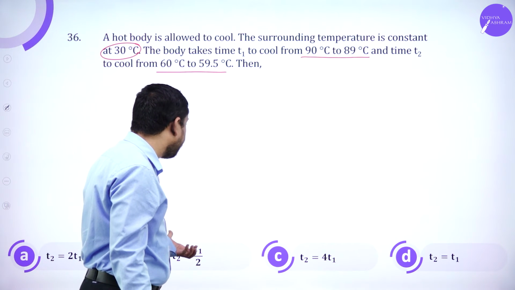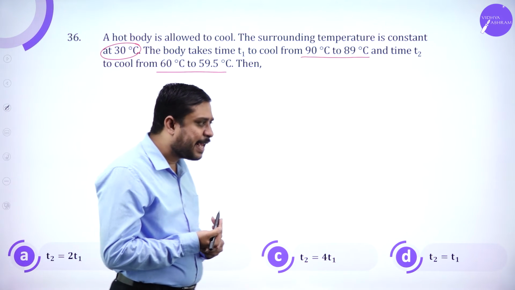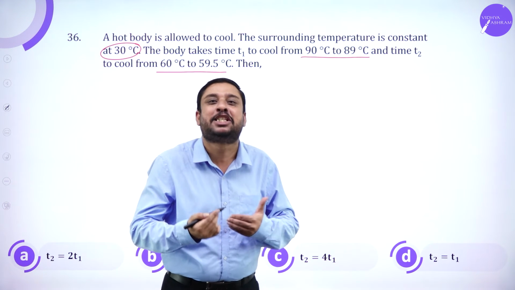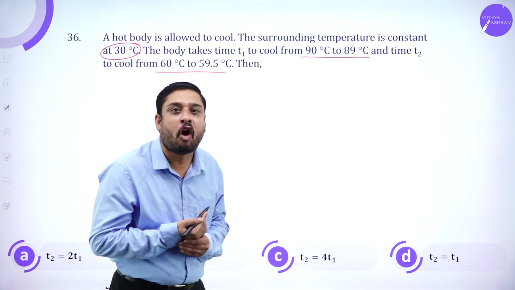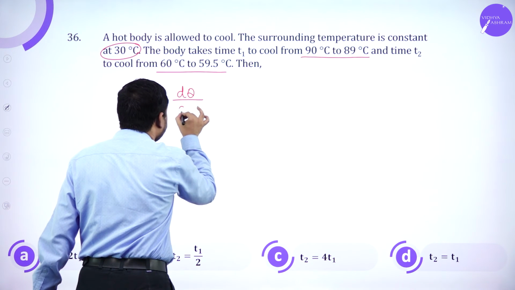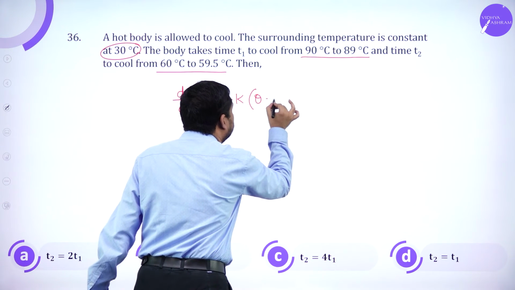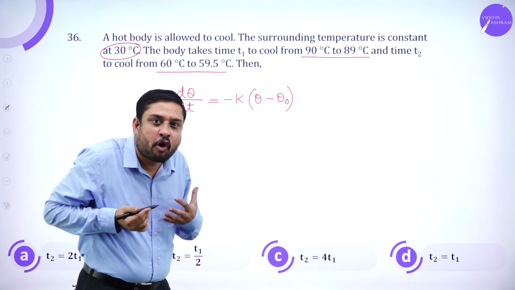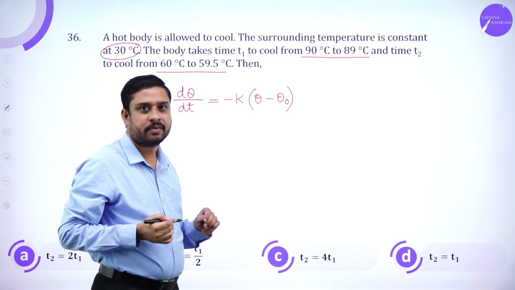Then how are T1 and T2 related? The moment I say cool, temperature of the body, temperature of the surroundings, we are referring to Newton's law of cooling, which says rate of cooling dQ by dt is minus k theta minus theta naught, where theta is the temperature of the hot body, theta naught temperature of the surroundings.